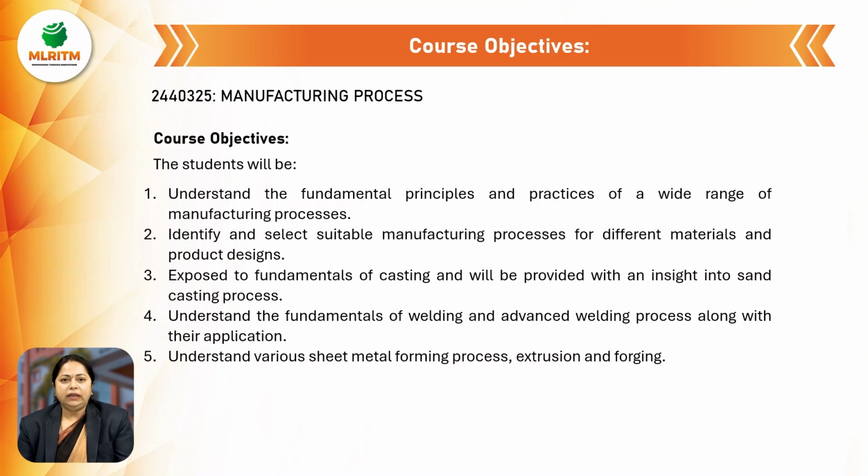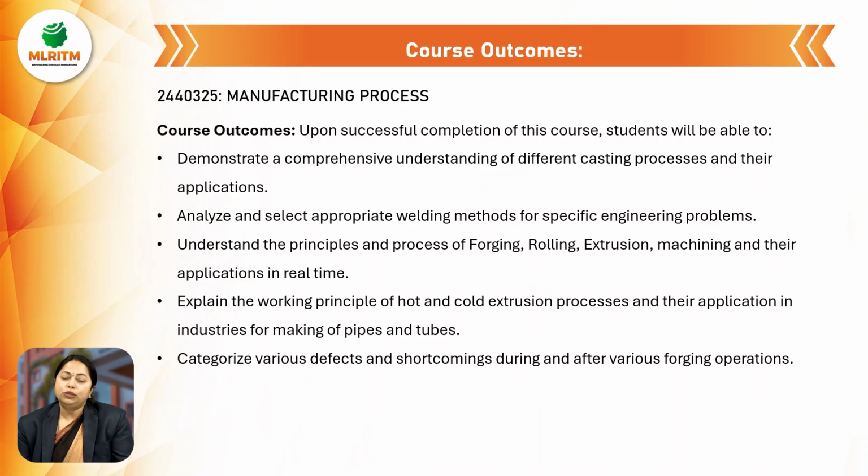Finally, after the completion of the subject, the student will be able to demonstrate and apply the process in the laboratory, and will also be in a position to select the appropriate process needed for transforming a raw material into an object. So this is the major objective or outcome of the course.